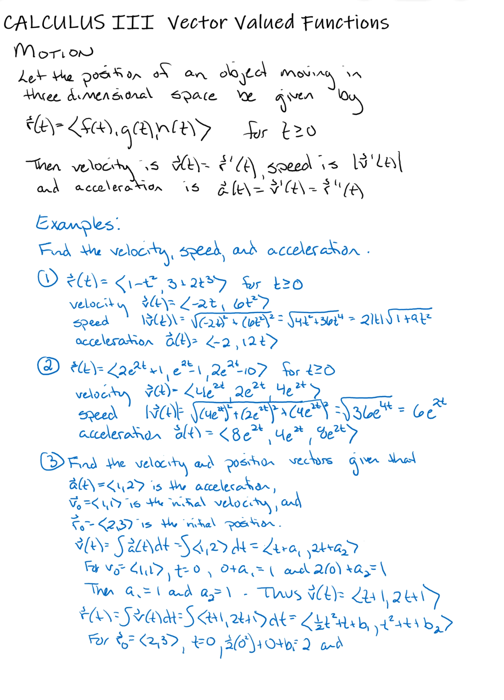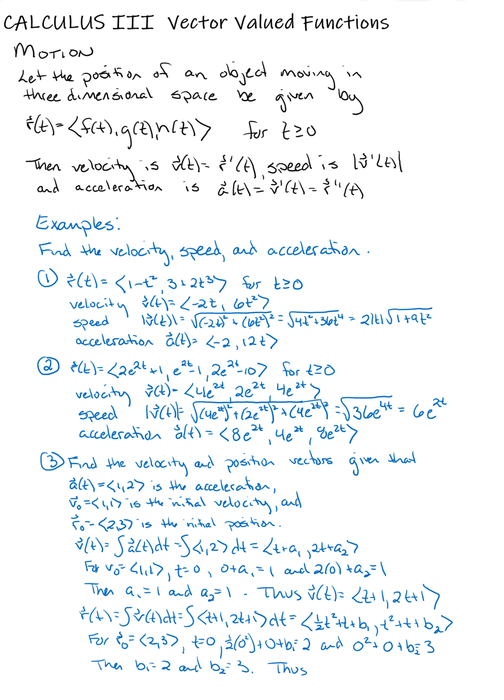And for the second one, t is equal to 0, set it equal to 3, so 0 squared plus 0 plus b2 is equal to 3. Solving those last two equations, we get that b1 is equal to 2 and b2 is equal to 3.